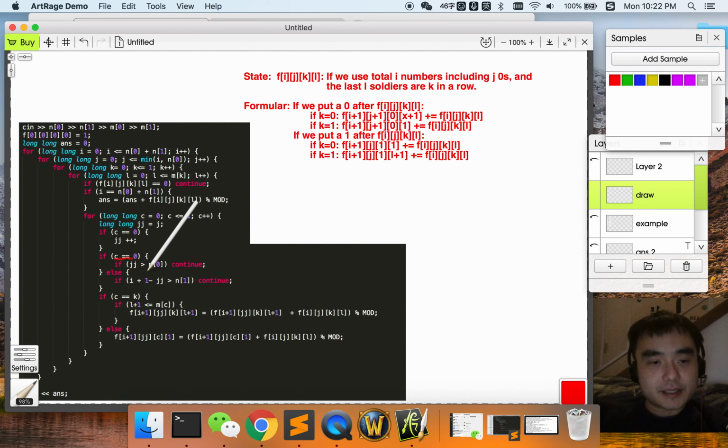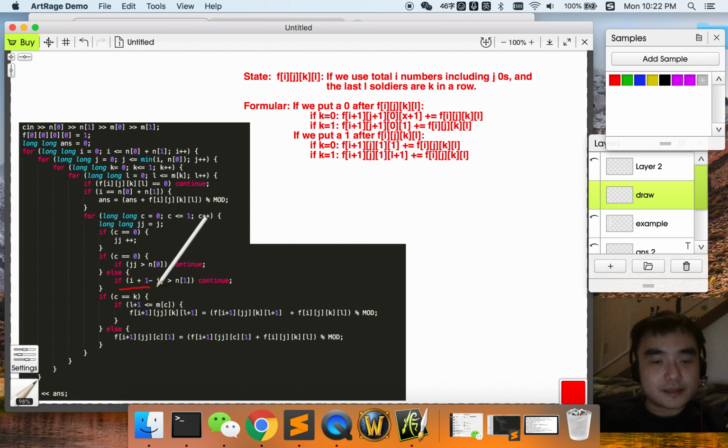And if JJ is bigger than N0, it means the number of zeros we are using is bigger than the number of zeros that the problem allows us, then we continue, because in this case, the constraints are not satisfied, so we continue, right?